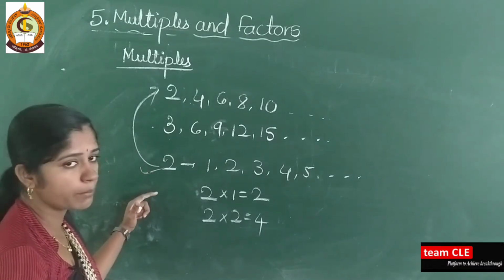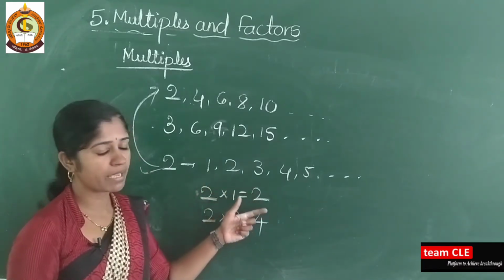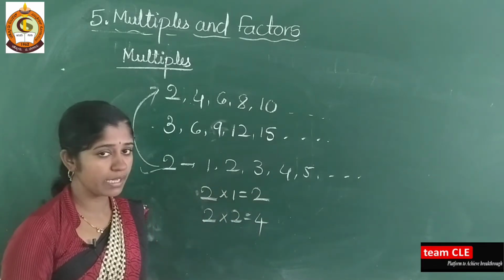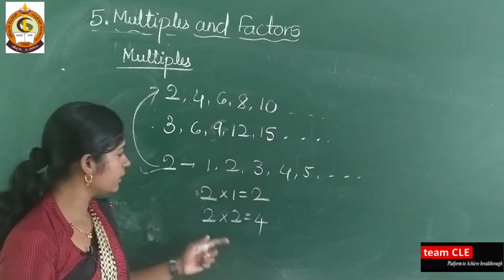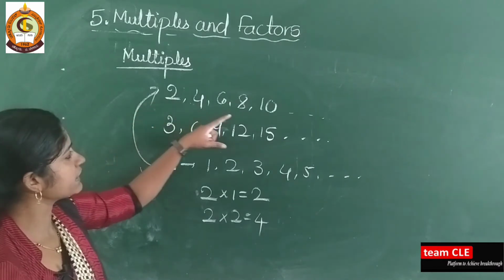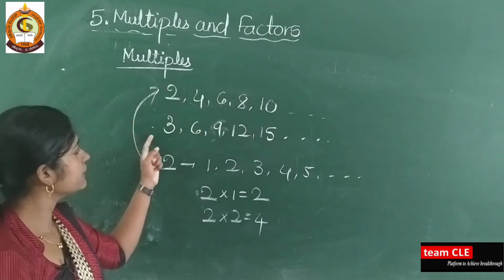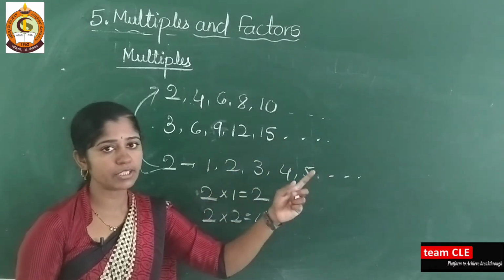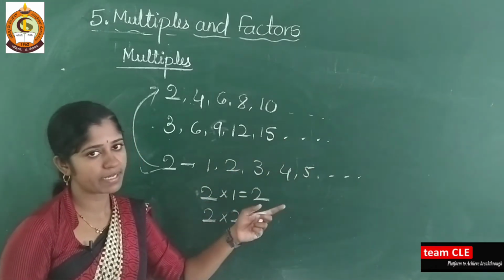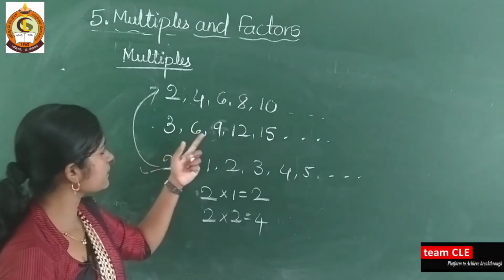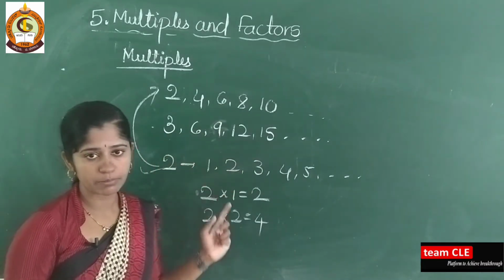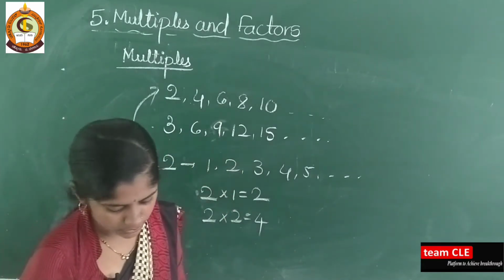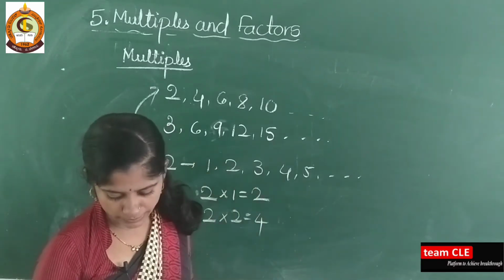You take any number and multiply with 1, 2, 3 and you will get the multiples of that number. For example, 2, 4, 6, 8, 10 are the multiples of 2, and 3, 6, 9, 12, 15 and so on are the multiples of 3. Not only 3 10s are 30, the multiples are infinite in number. I hope you are getting my point.